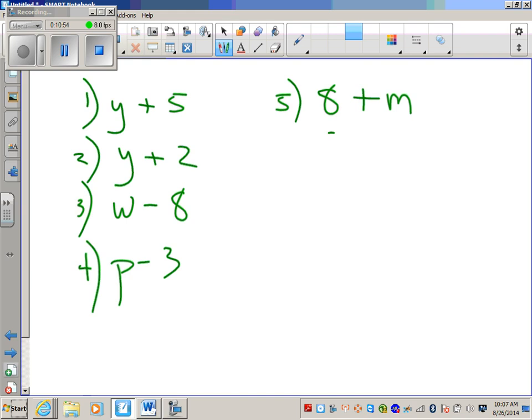We had 8, our number was 8, it increased by 2. We added 2 onto that.